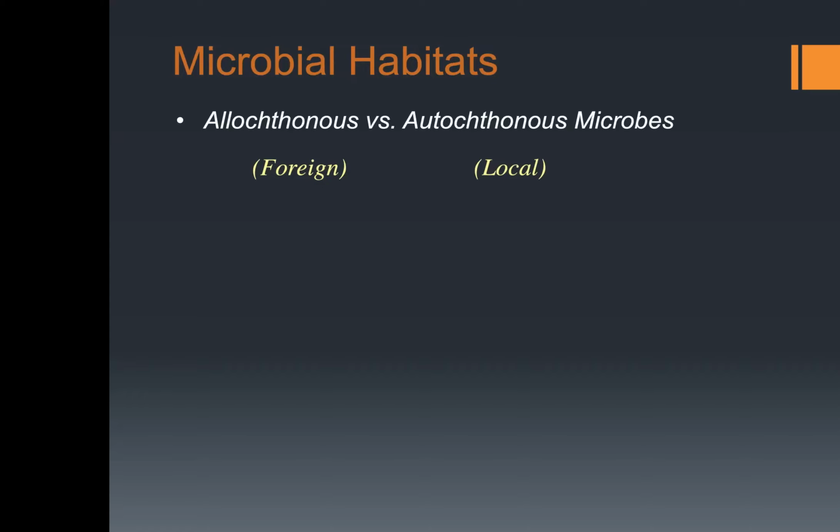If organisms found, let's say in a soil, have been there for generations, then we would call them locals or autochthonous. But let's say we're studying a river. Many of the organisms in a water sample from a river might have been washed down from way upstream, and that would be referred to as an allochthonous microorganism. So these are terms that are important for us to consider.